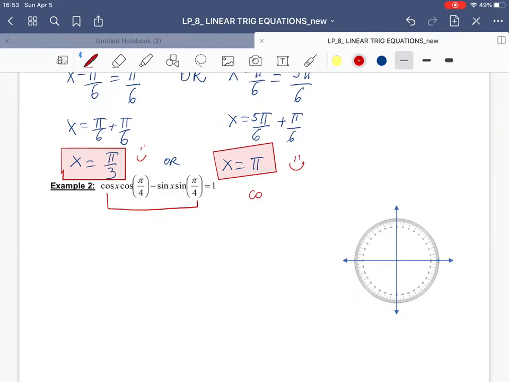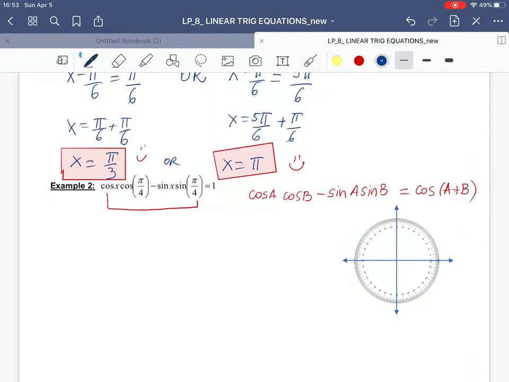And the formula we have here is cos A, cos B minus sine A, sine B, and we know this would equal the cosine of A plus B. Remember, for cosine, when you had a difference, then you had a plus in here.